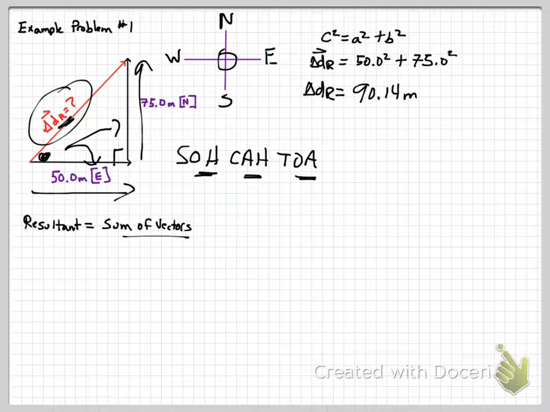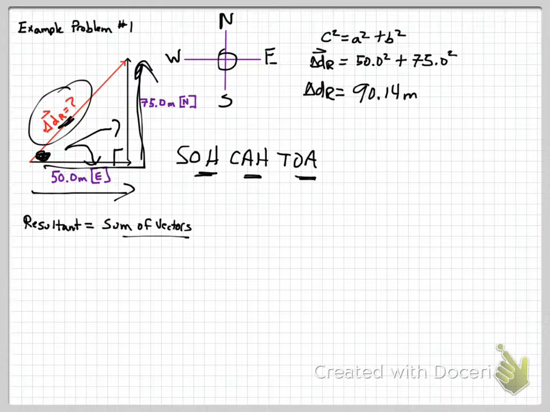I started at 50, I moved east, and then I moved north. So this is my reference point. So I always start from my reference point, which is another good reason why you'd want to sketch a diagram so you have a good understanding of what angle you're actually trying to find.